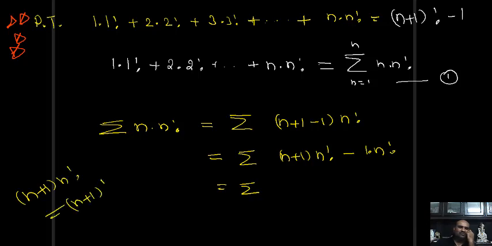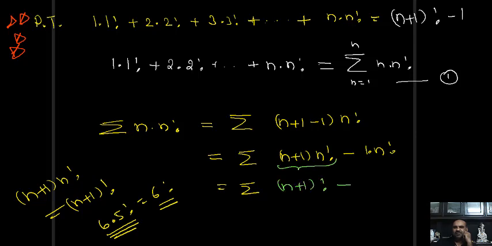Just like 6 into 5 factorial means 6 factorial only. n into (n minus 1) factorial is n factorial, like that. So (n plus 1) into n factorial is (n plus 1) factorial only. That's why instead of this I can write (n plus 1) factorial minus n factorial.